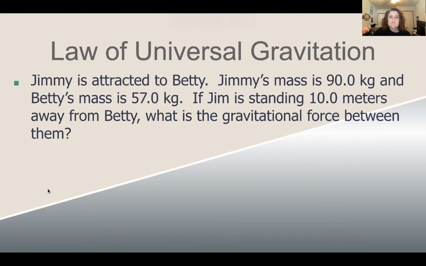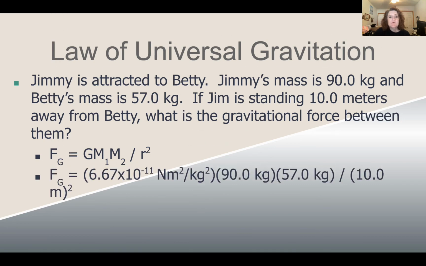The law of universal gravitation says this: if Jimmy is attracted to Betty, not in that way, by their mass. Jimmy's mass is 90 kilograms and Betty's mass is 57 kilograms. If they're standing 10 meters apart, what is the force of gravity between them? Well, we know the force of gravity is equal to big G m1 m2 divided by r squared.